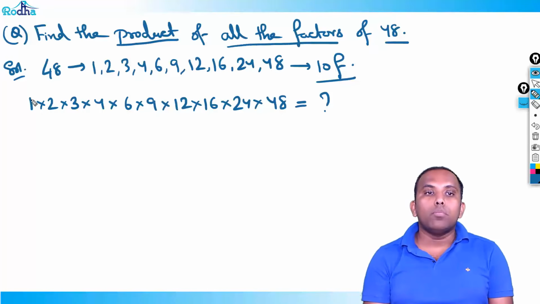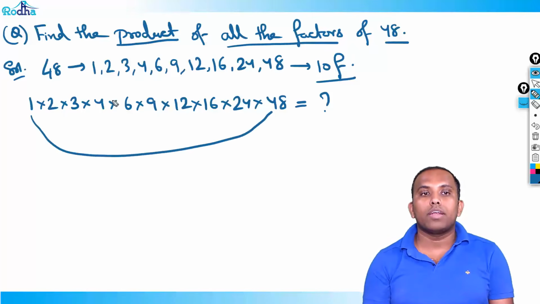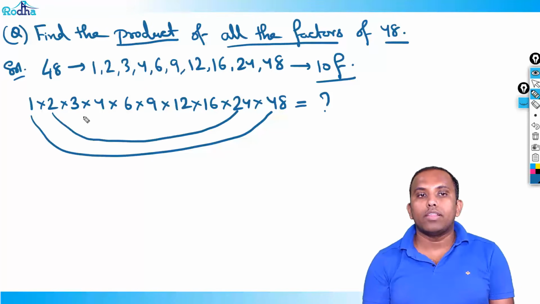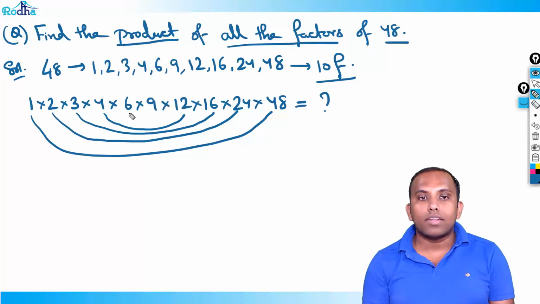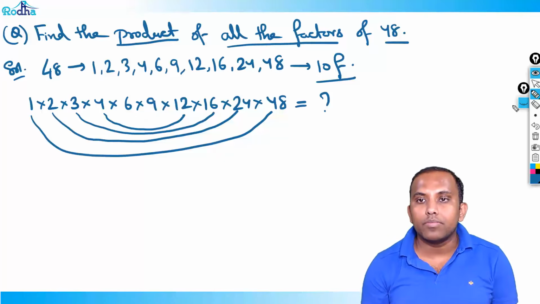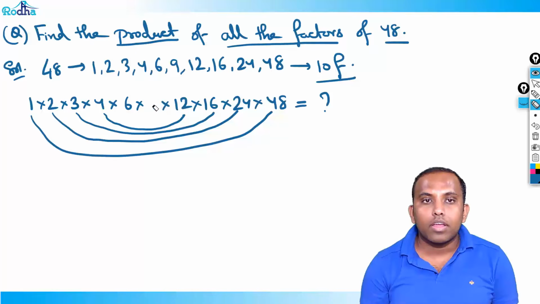Now, instead of multiplying like this, how will I multiply? I'll multiply 1 into 48, then 2 into 24 is also 48, then 3 into 16 is also 48, then 4 into 12 is also 48. And then 6 into, sorry, I made a mistake here. 9 is not a factor, 8 will be a factor here.